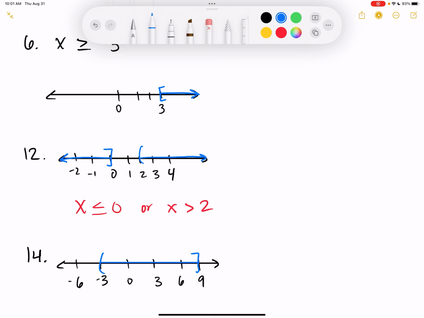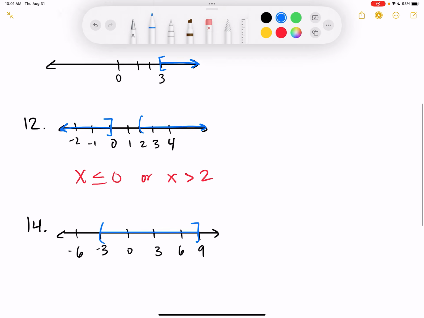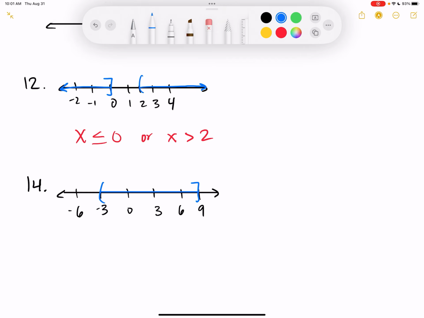And it's colored in the middle. So which type of compound graph is this one? And so this one gets written all as one thing. So this would be, reading it off, -3 is less than x is less than or equal to 9. So with an and graph, you basically write the two ends and then whatever the symbol is with an x in the middle.